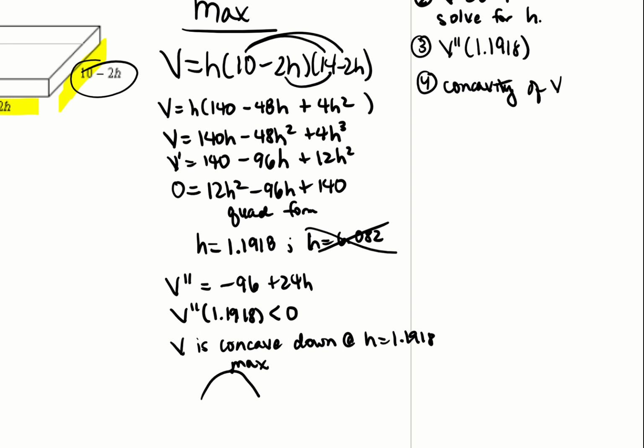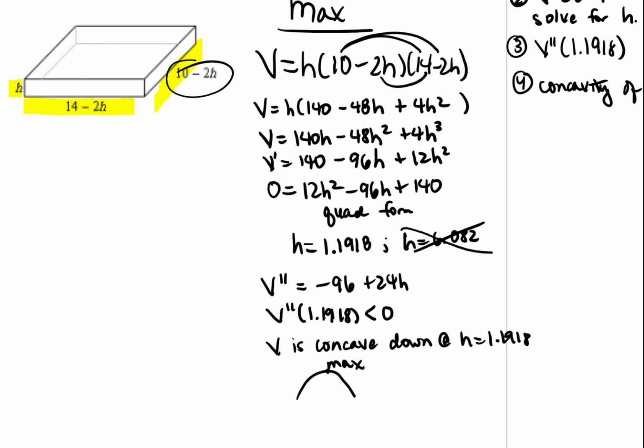So at that instant, I do have a max right here. And because this is my only critical value, remember the other critical value didn't make sense in the context of the problem. So because this is the only critical value that would work, h must be something less than 5. Otherwise, we would get negatives in here for my width.